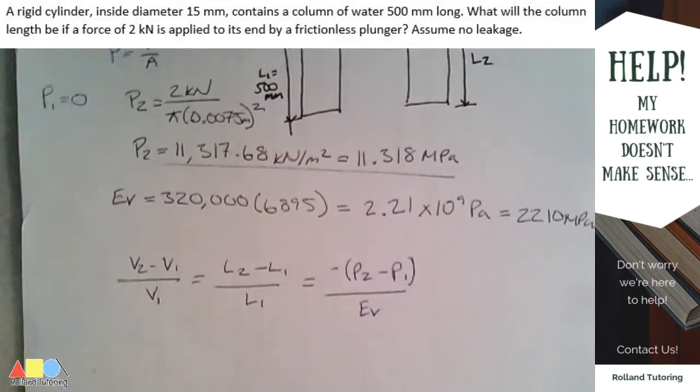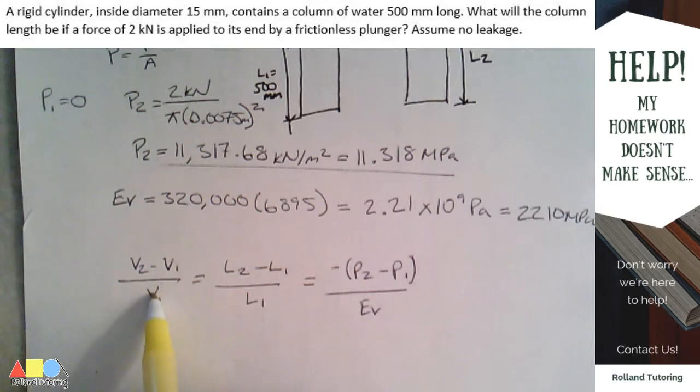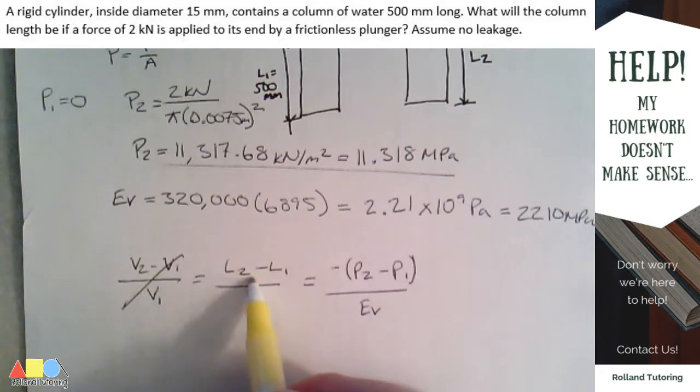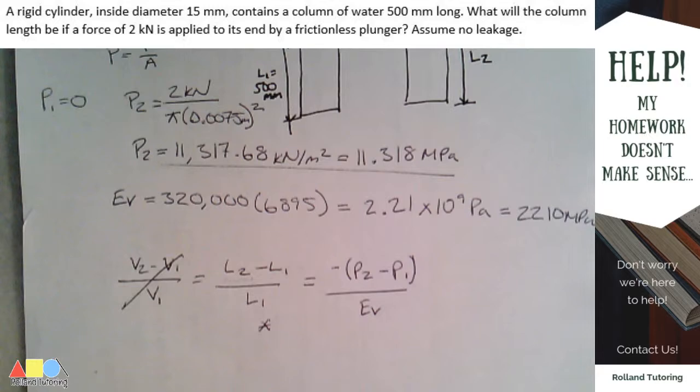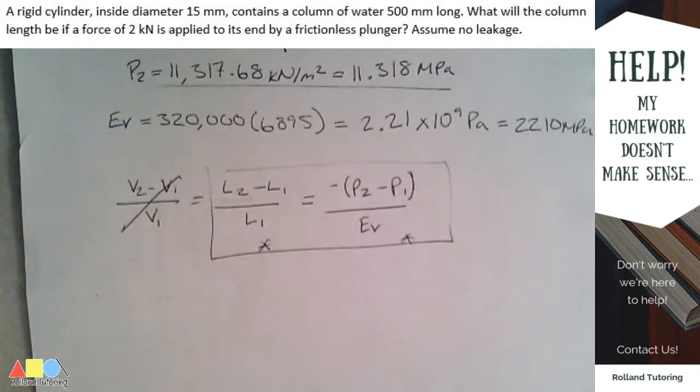We don't have any of these, so we're not going to use this portion of the equation. We do need this length, so we need this portion. And we also found our pressures, so we need that part. So we can use this equation to solve our problem.